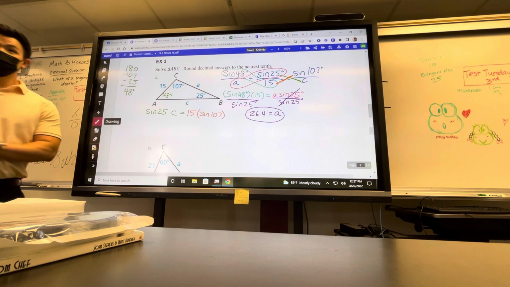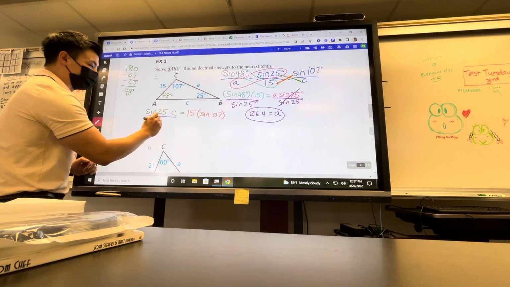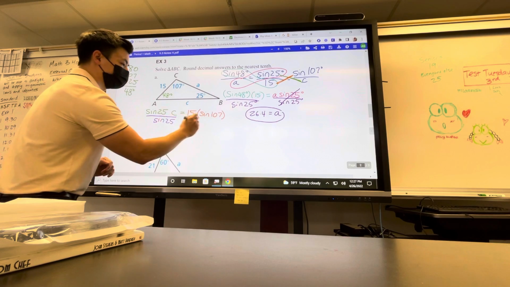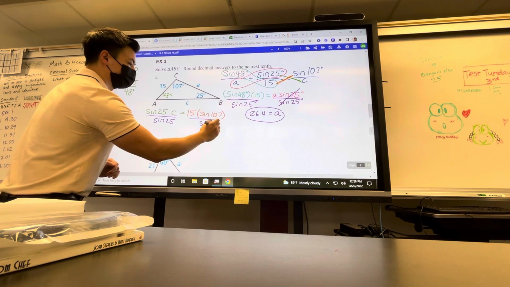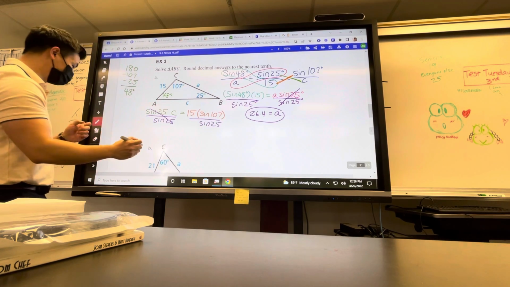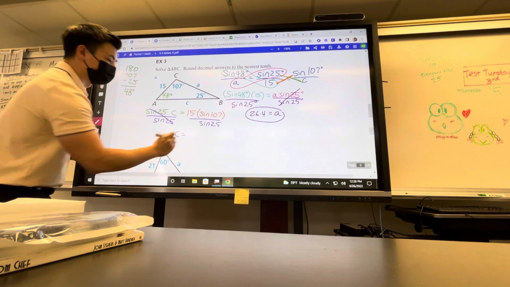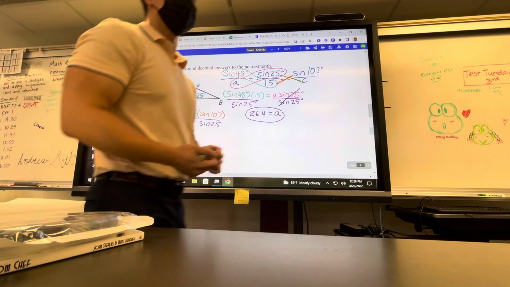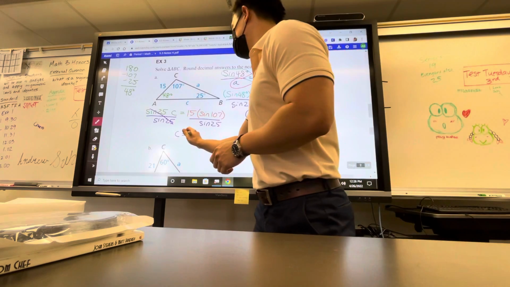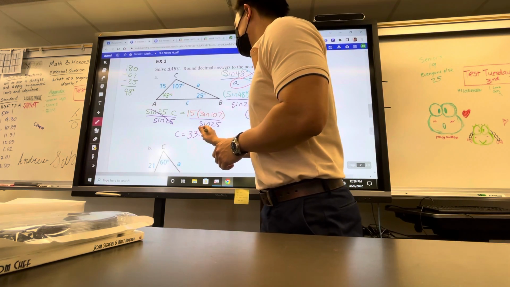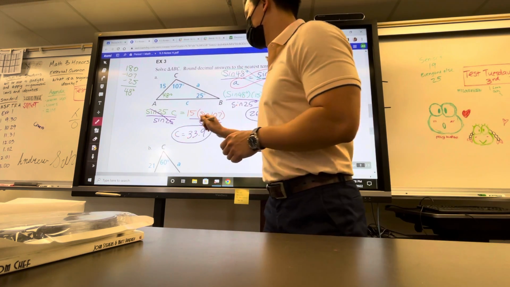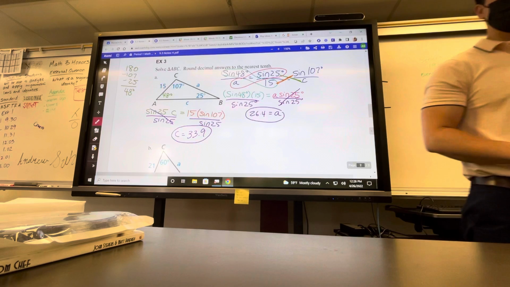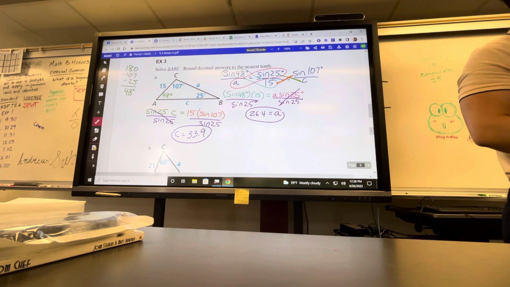Divide sine 25 on both sides. This cancels out, and c is then equal to, yeah, 33.9. Yay. Not bad, right? Does that make sense?